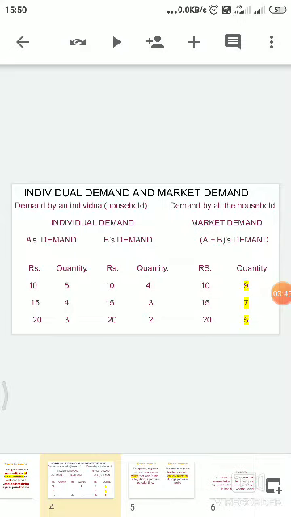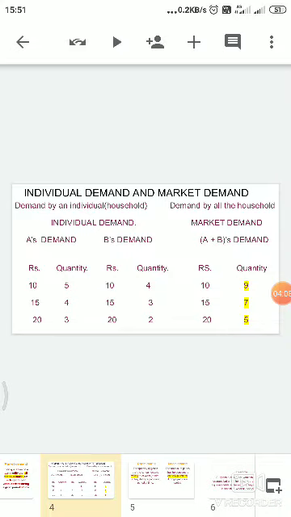So the market demand becomes, at rupees 10, 9 units. At 15, it becomes 4 plus 3, 7. And at rupees 20, it becomes 3 plus 2, 5. So this is how you get market demand from the individual demand.